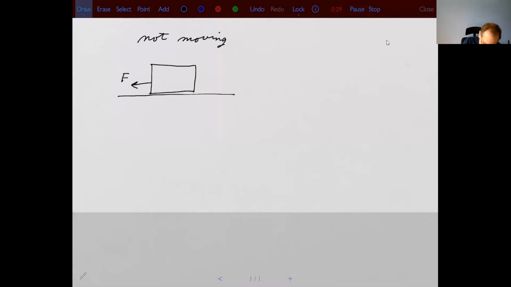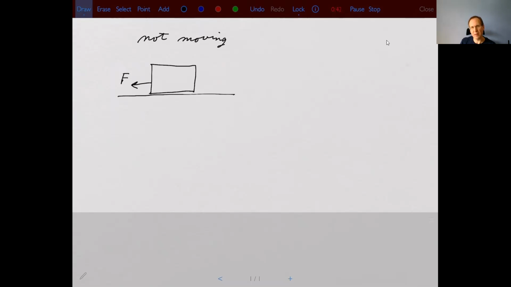Okay, so as I explained in that first video, if you have some object, let me draw this out. Let's say this is like the box of weights that I had in the video, or it could be the cart that we're going to deal with in lab. And let's assume that it's not moving. So if I exert a force, say in this direction, I pull with some force F in this direction, then since it's not moving, there must be some force that's resisting the motion, and that magnitude of the force is going to be equal to the magnitude with which I'm pulling, right?